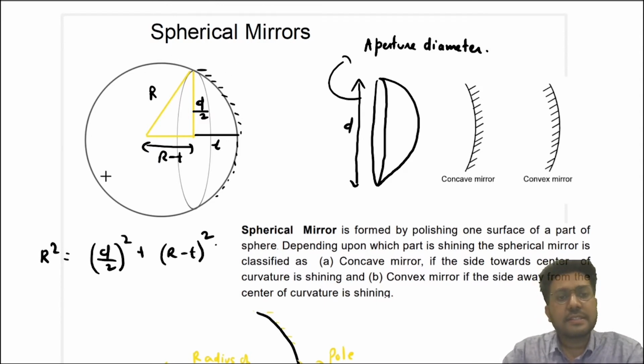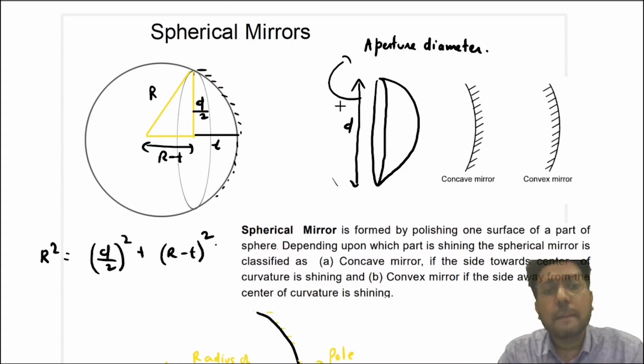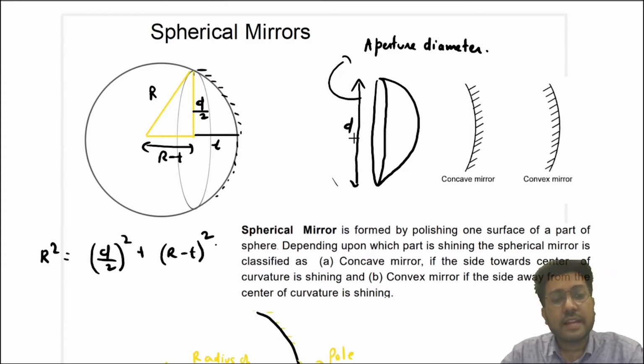Now this is a three-dimensional figure. You know that the cross section of a sphere will be a circle. So this is a circle. The diameter of this circle is called the aperture of the mirror, or you can say it is the aperture diameter. If you want to draw it in two dimensions, then you will draw it like this.